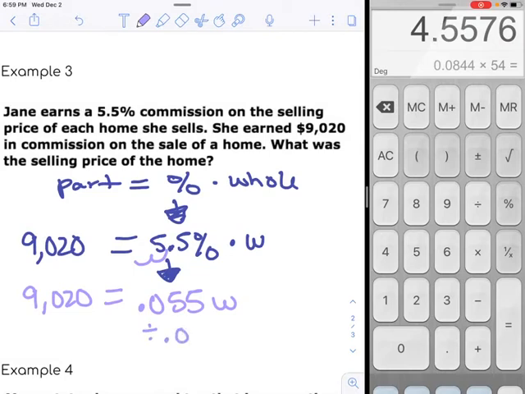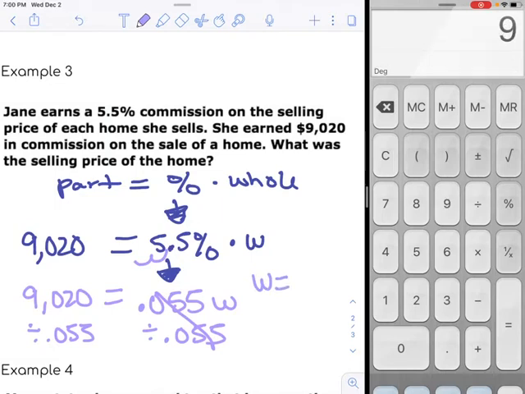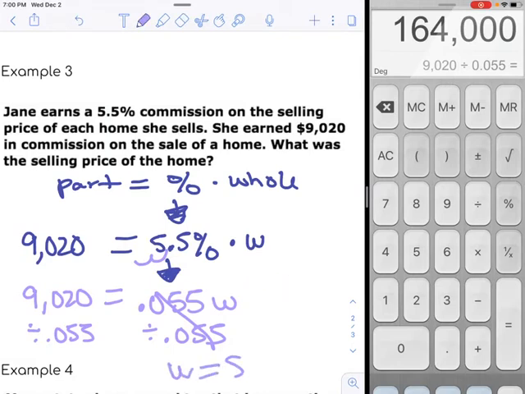I'm going to divide 0.055 to both sides. Cancel out here. My whole, what I spent on this house, is 9,020 divided by 0.055. I'm going to rewrite this somewhere where I actually have room. I spent $164,000 on this house.